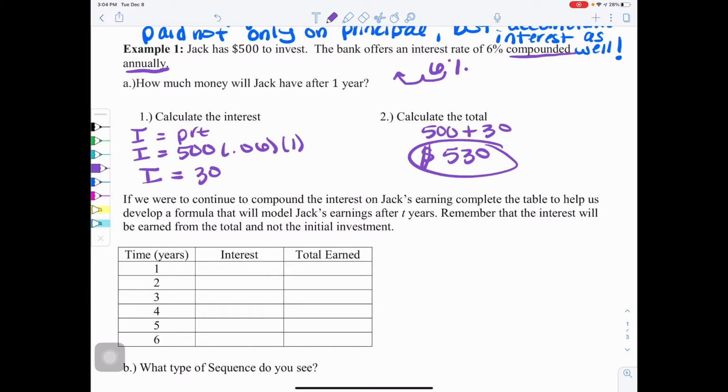So if we were to continue to compound the interest on Jack's earnings, complete the table to help us develop a formula that will model Jack's earnings after 2 years. So make a little star here. Remember that the interest will be earned from the total and not the initial investment. So let's underline that a couple times to stress that point and how it's different from simple interest.